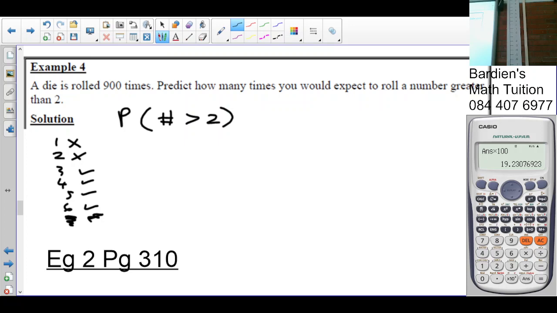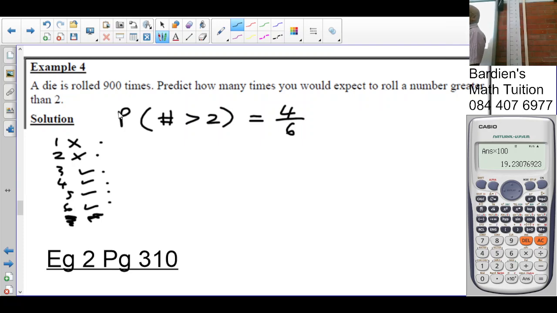So it's going to be 4 over. There's 6 possible outcomes. Favorable is what they're asking of you, and possible is how many outcomes there are in total. As you can see, yes, 6 outcomes. Okay. So the probability here will be 2 out of 3.